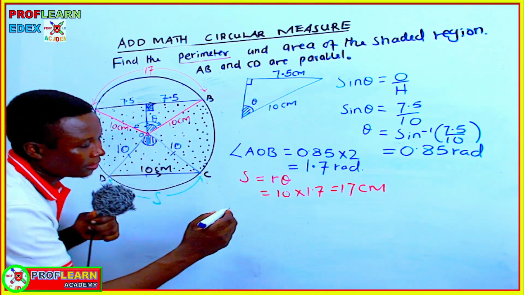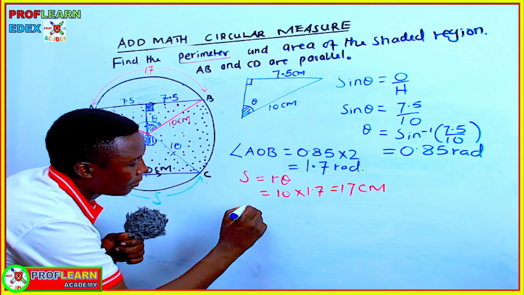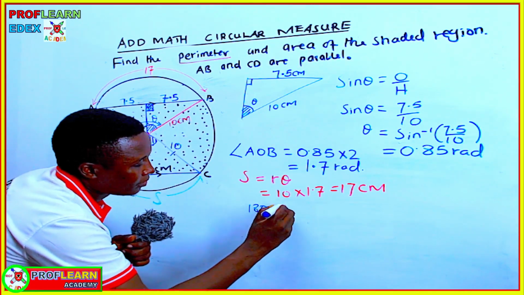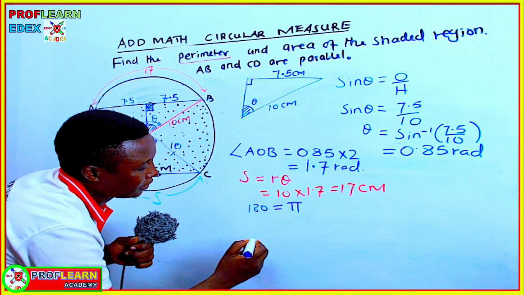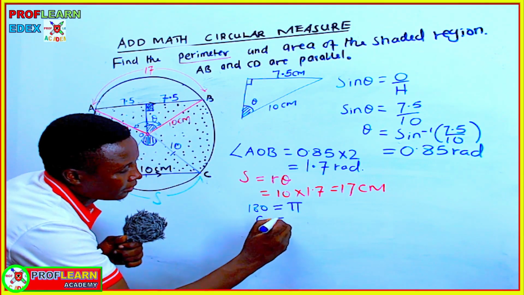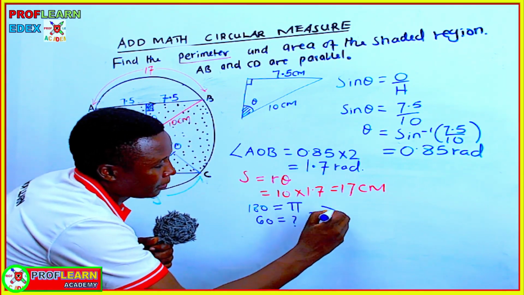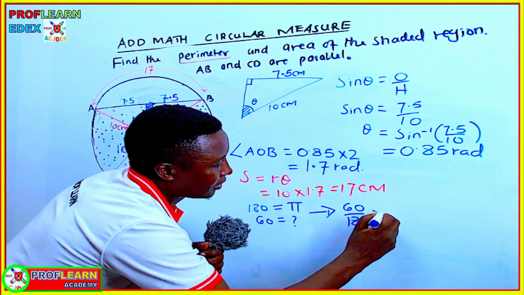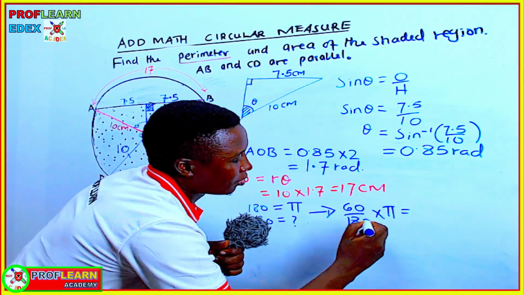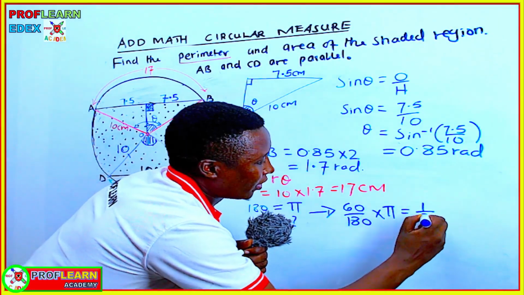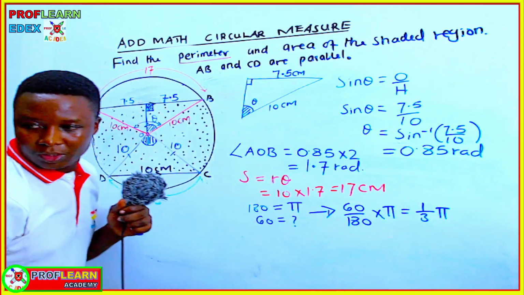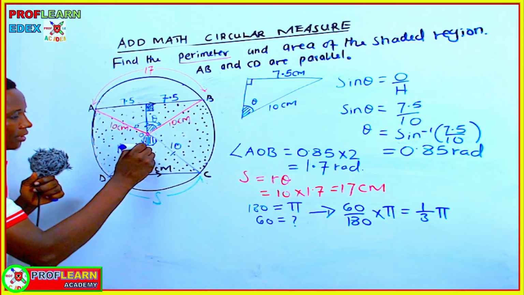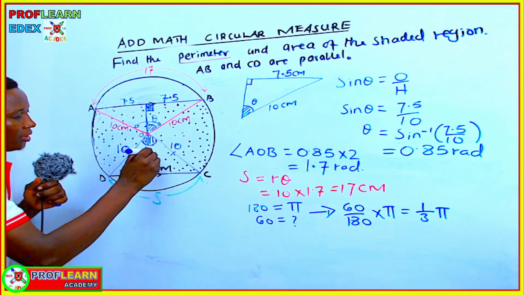So in radians, we know that 180 equals pi radians. What about 60? This implies that this is 60 over 180 times pi, which translates to 1 over 3 pi. So this angle here is 1 over 3 pi.